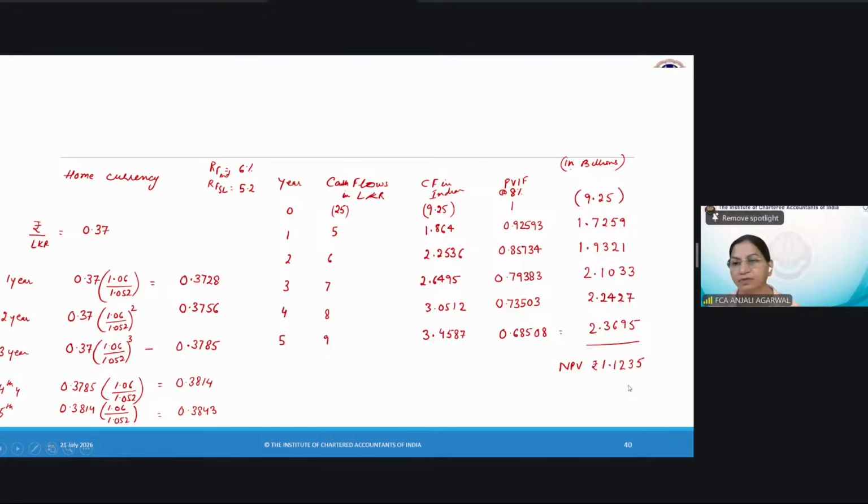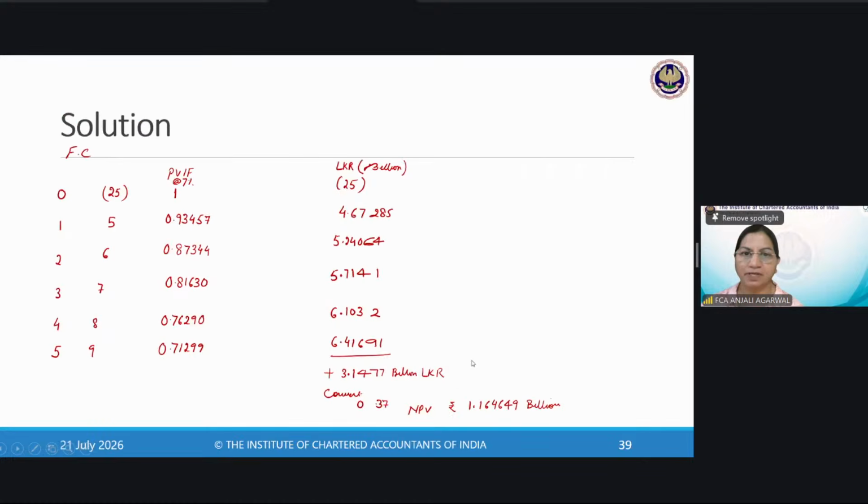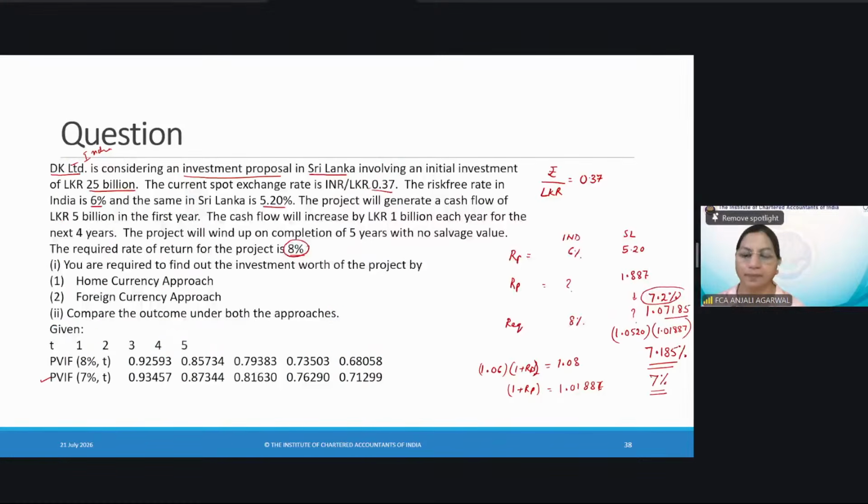What was the previous answer? 1.1646. But when you look at the depreciating Indian currency, the present value has come down a bit. NPV has reduced by some fraction. Okay. So this is how you calculate the NPV of a project where the investment is made in a foreign country.